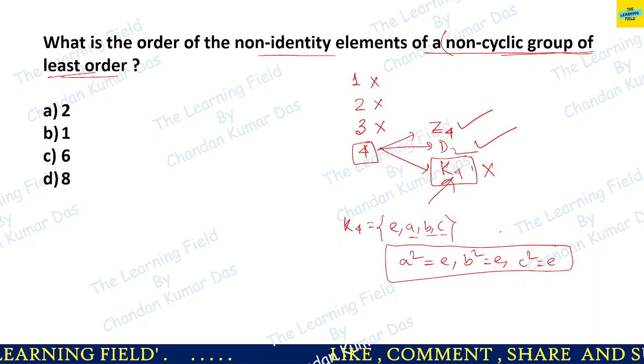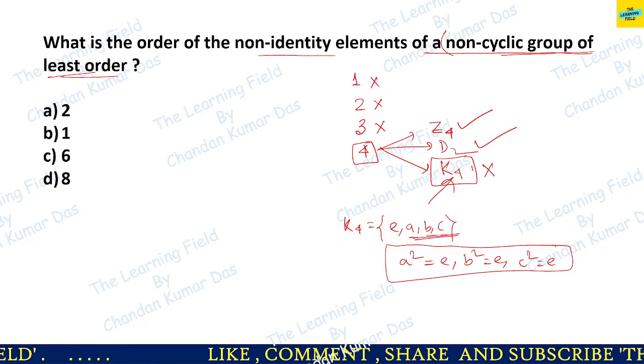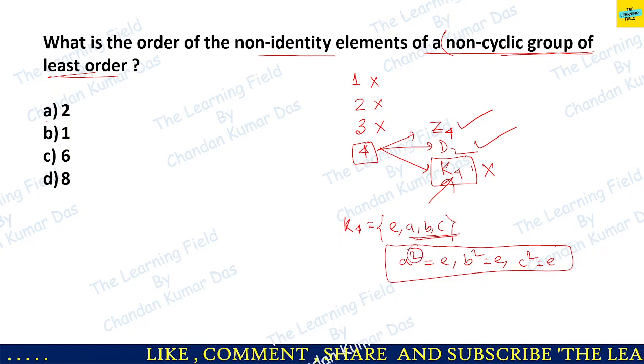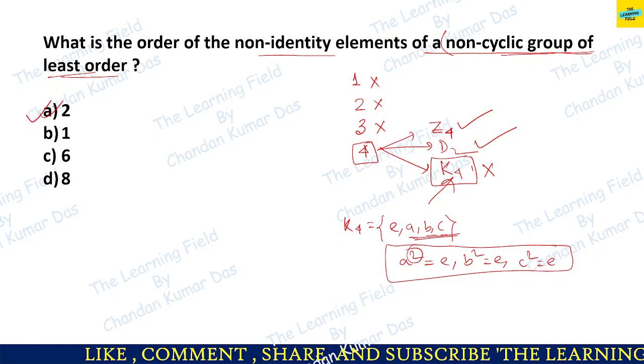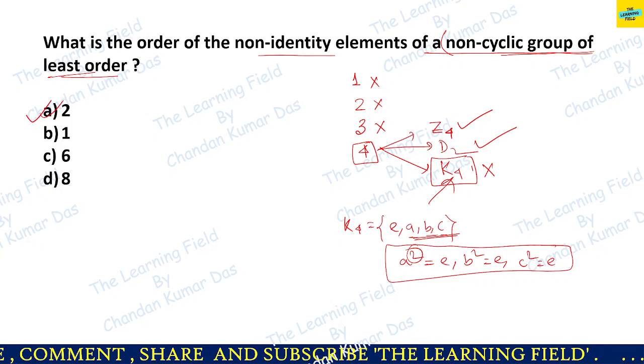So the order of these non-identity elements is 2. I think this question is very easy but logical. So the answer is 2.